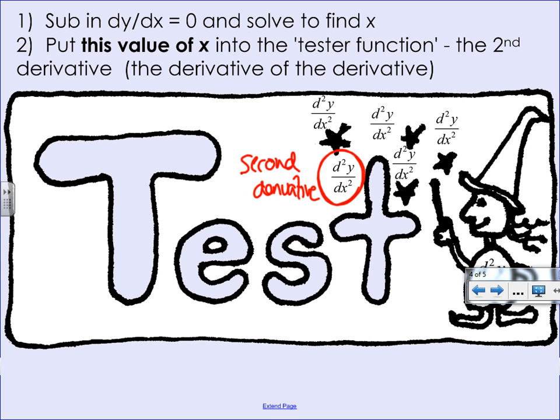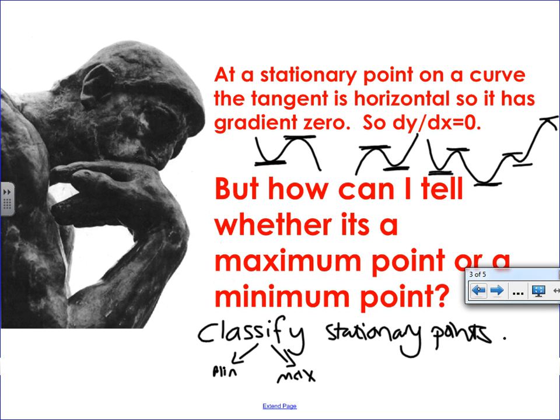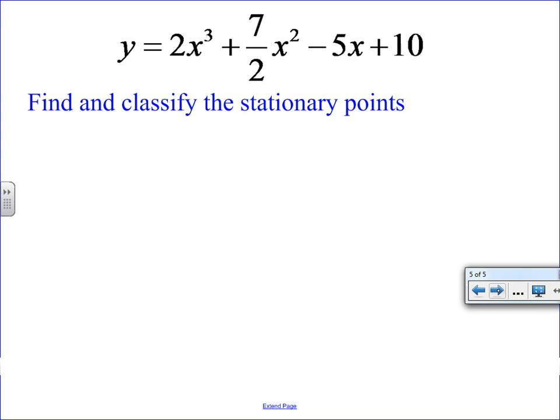Okay, so if we go back to our original question and say find and classify the stationary points, then what we're going to do now, to find them, we're going to differentiate. Then we're going to make it 0.